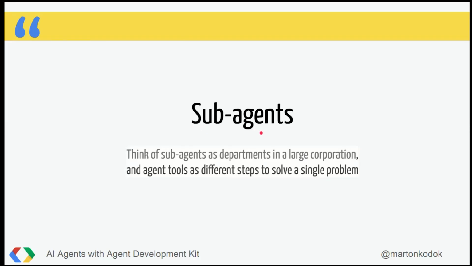Why? Because they have their own context window. And when we hand off something to a sub-agent, we don't deal with the entire lifetime of the application. We only bring in those capabilities of the sub-agent which are in there.